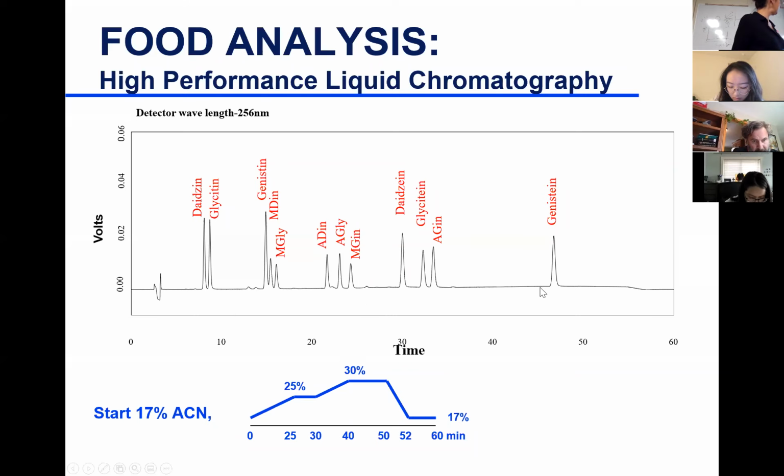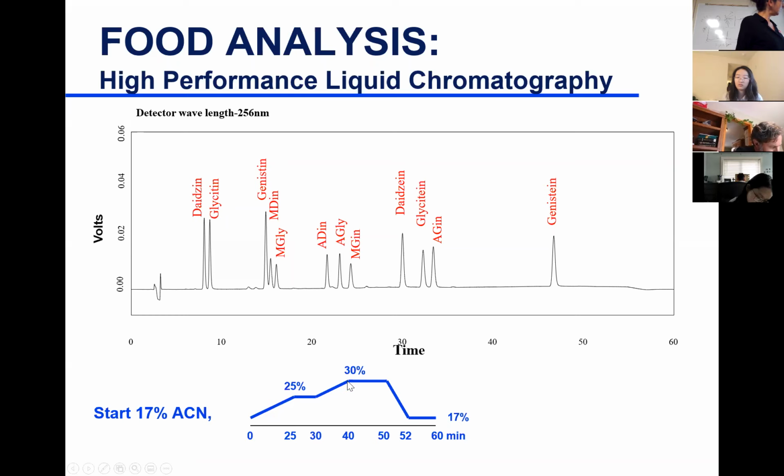So we started with 17% acetonitrile. That means 83% water, 17% acetonitrile at 0 time. Then we increased the concentration of acetonitrile over 25 minutes up to 25%. And then we kept it constant for 5 minutes.